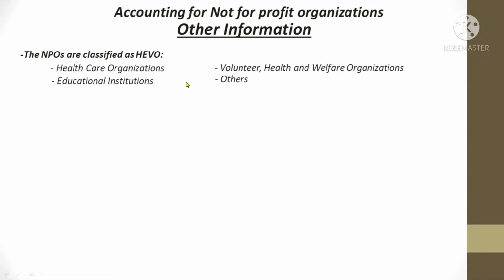Educational NPOs also have unique requirements not found in other classifications. And voluntary health and welfare organizations also have some accounting peculiarities. And we will be talking about that. Okay? So let's start with others.